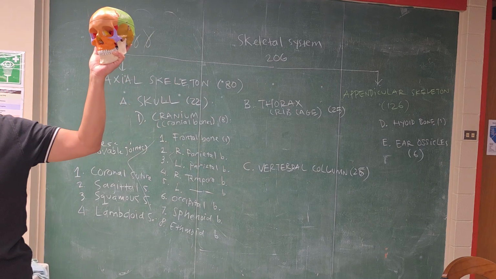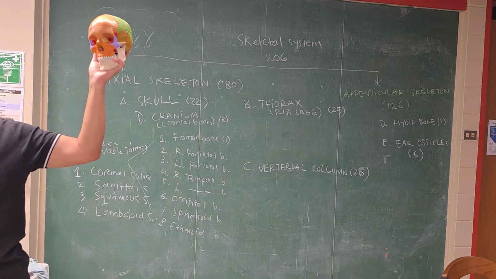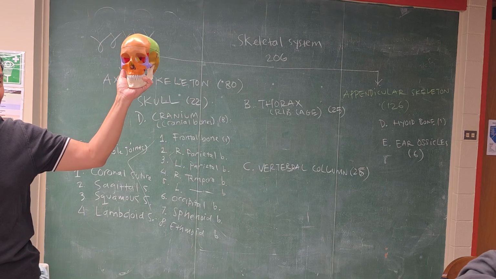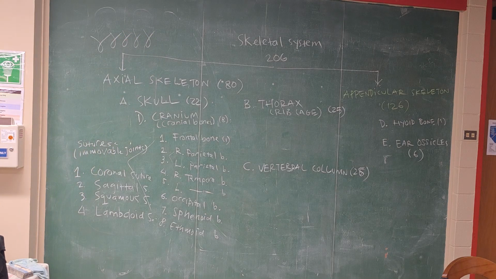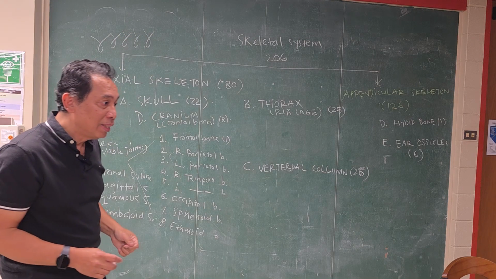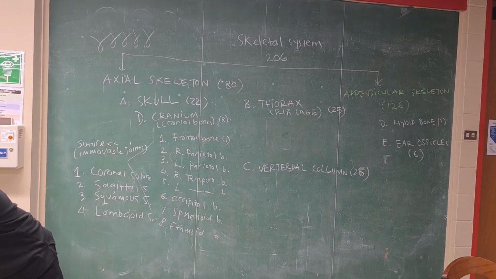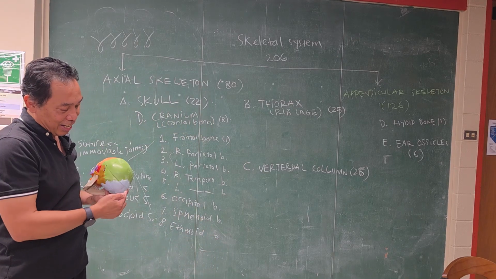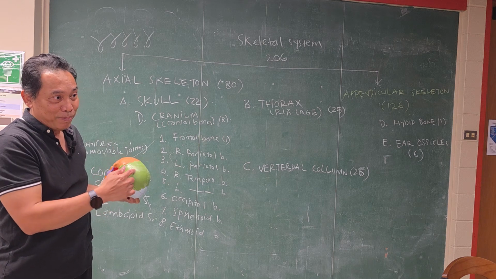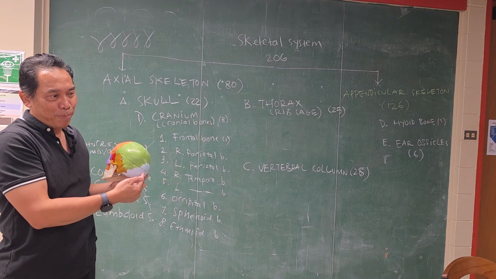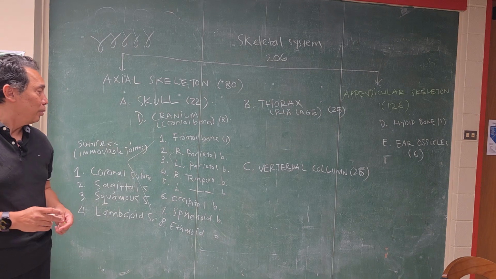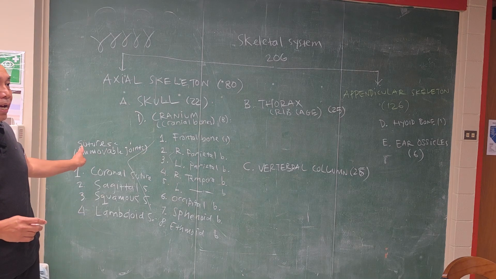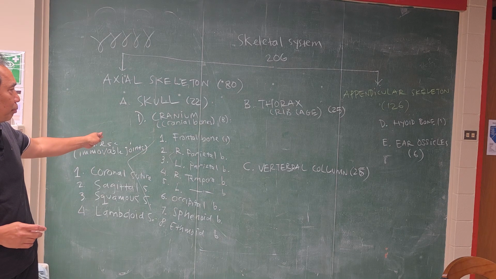That's the 4. Between parietal and occipital, that's the lambdoid suture. We're done with this cranium.